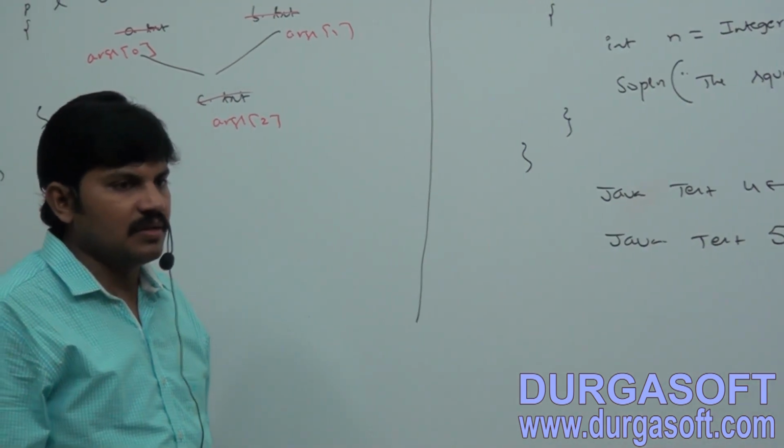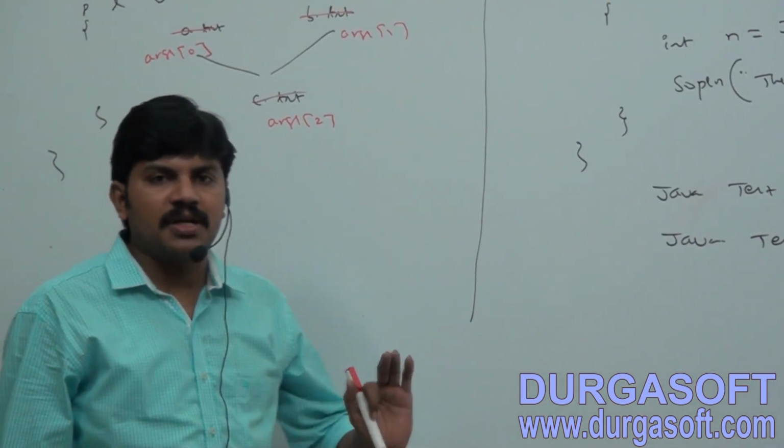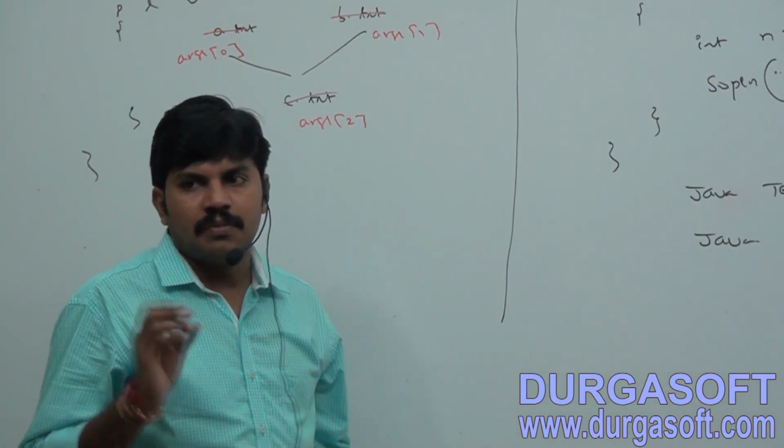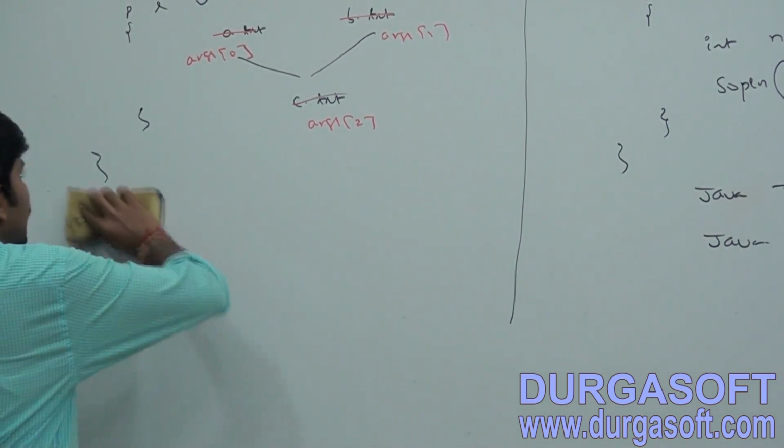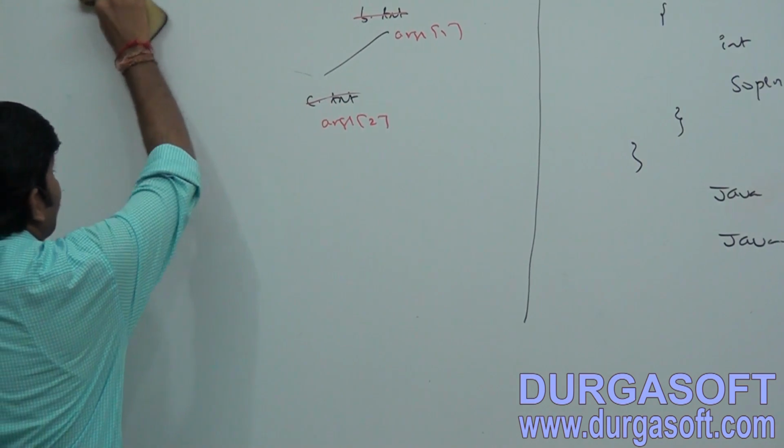That's all. So what is the main purpose of command line arguments? We can customize the behavior of the main method, right? Okay, that's all. So this is what a command line argument is and what its purpose is.